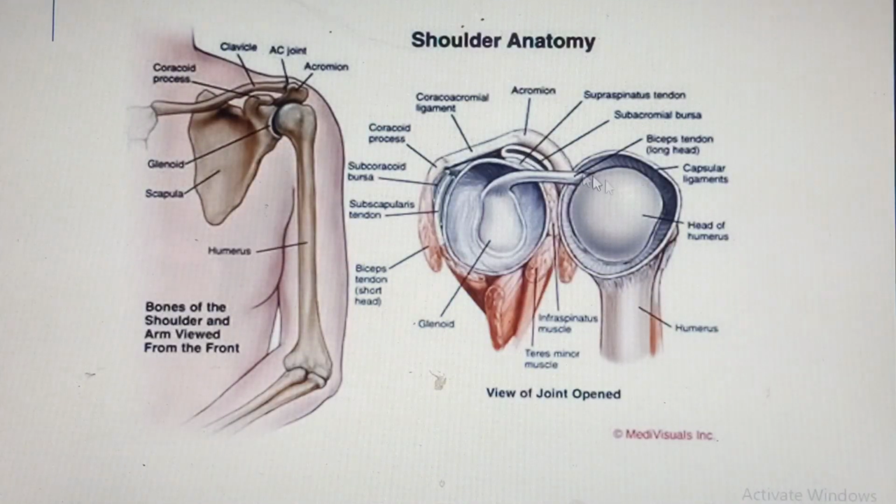So that is what we are talking about. We have the joint capsule, the capsular ligament, trying to help stabilize this joint. There are some bursae around, like the subacromial bursa and the subcoracoid bursa. All these bursae are there, and the tendons around these areas also have tendon sheaths to minimize friction.